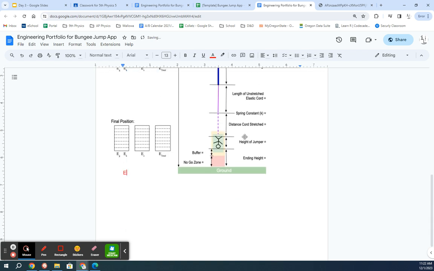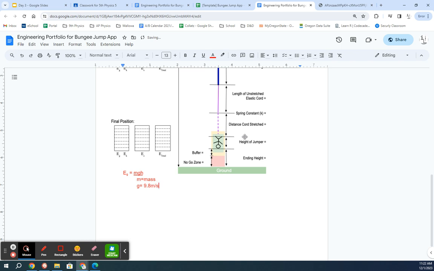I'm going to put E sub G, and that's just control comma to get the subscript. M G H. And again, if we want to go ahead and put what these things are, that's probably a good plan as well. We can say like M equals mass, G equals 9.8.